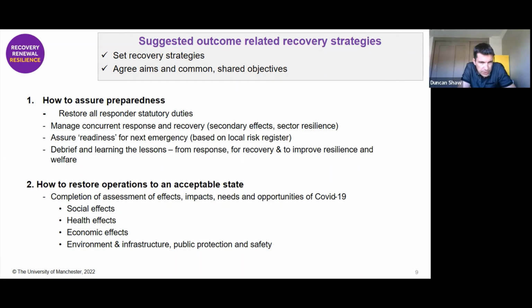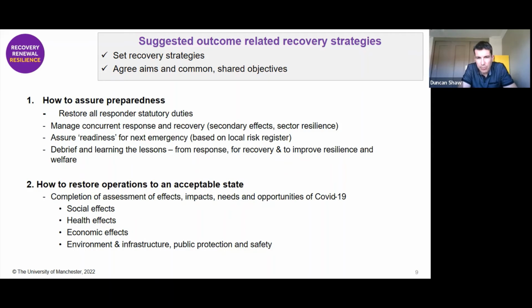Number 2 on the slides is about restoring operations, thinking about what have been the social, the health, the economic effects, how have environment and infrastructure been affected, and then taking an assessment of the impacts on those, or on that table of 6, the 6 effects that we talked about a bit earlier.